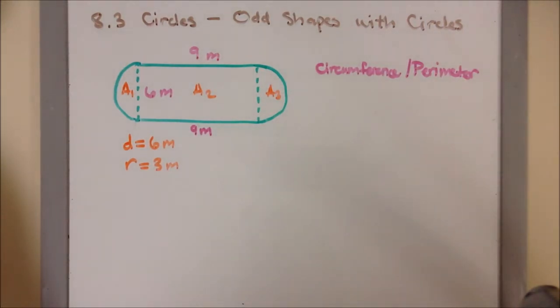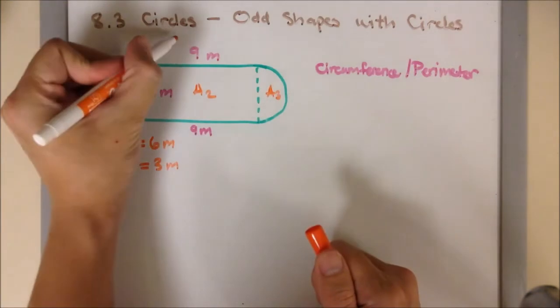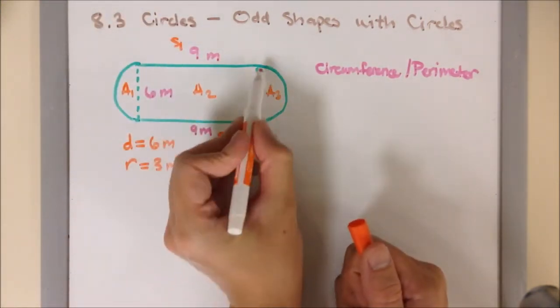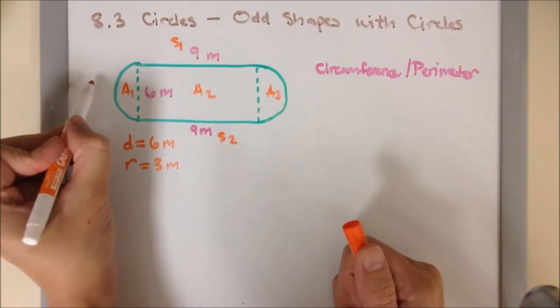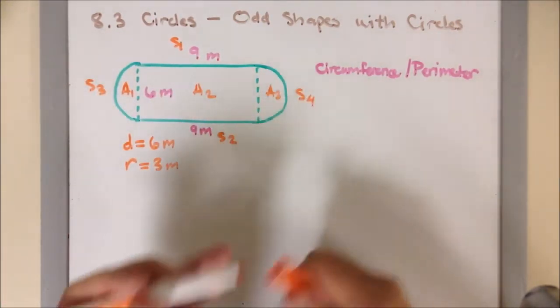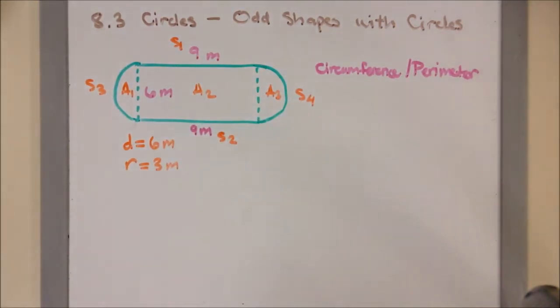In order to find circumference perimeter, I'm going to label my sides. This is going to be S1, S2, and my curved sides are going to be S3 and S4. My circumference slash perimeter, let's call that CP.